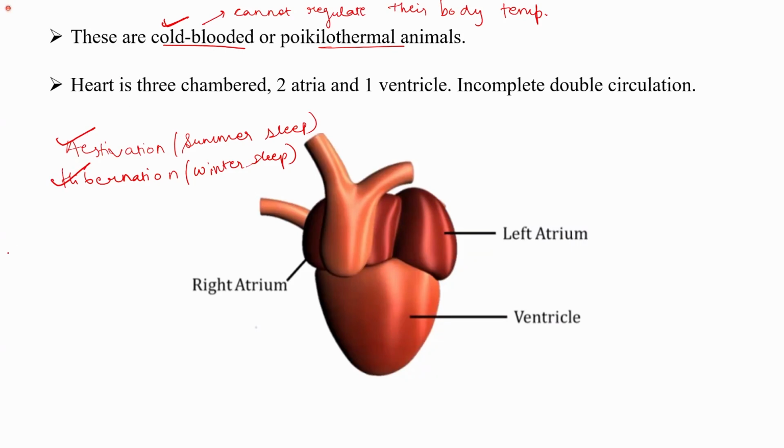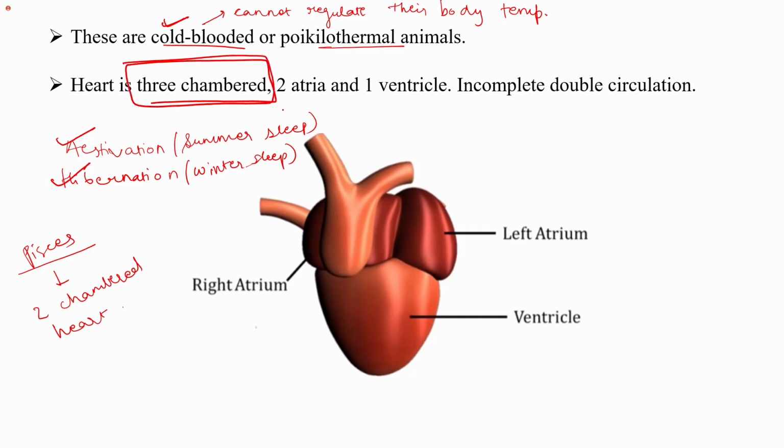Unlike Pisces, in which we see a two-chambered heart, in amphibia it is a three-chambered heart. It has two atria and one ventricle, while in Pisces only one atrium and one ventricle are present. It is an incomplete double circulation.